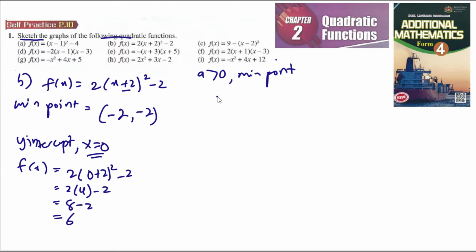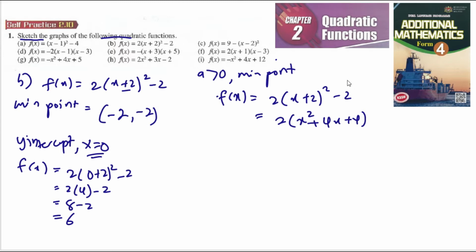So then, for the x-intercept, we need to change into intercept form. So f(x) is equal to 2(x plus 2) squared minus 2, which is equal to 2(x squared plus 4x plus 4) minus 2, which is equal to 2x squared plus 8x plus 8 minus 2.